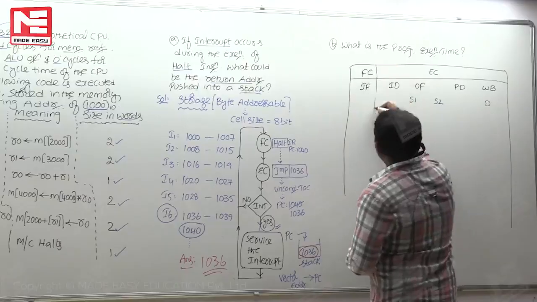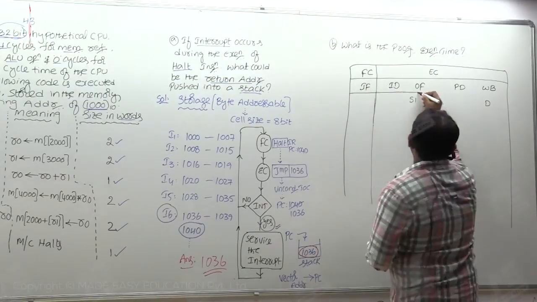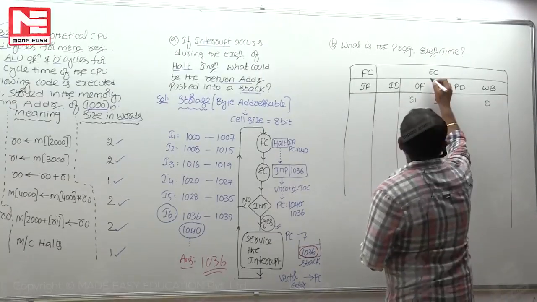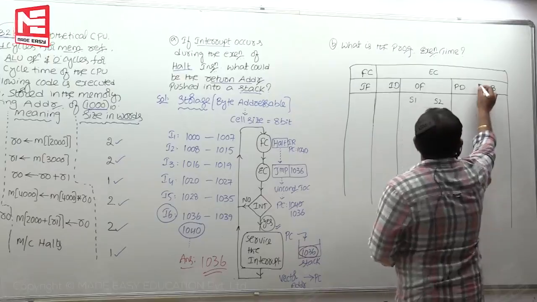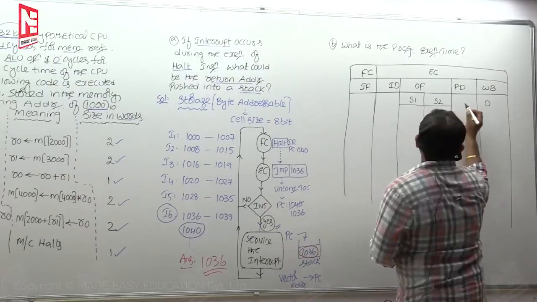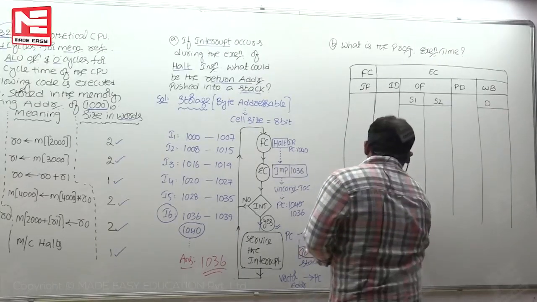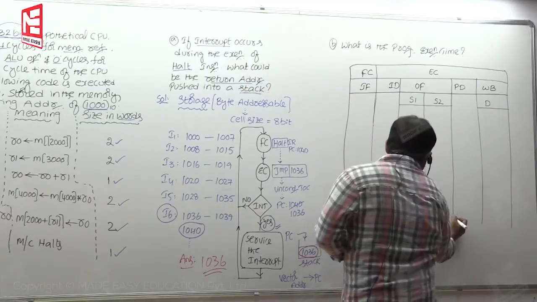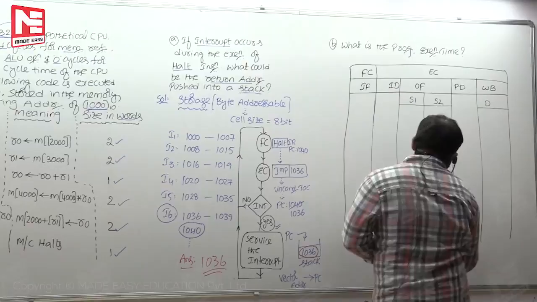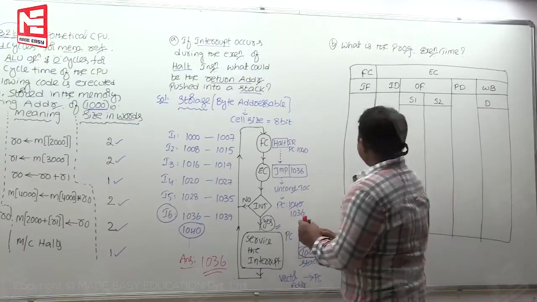When you are able to answer this question, it shows the realization of all the concepts we discussed till now. Interrupts are covered, the instruction set is covered, addressing modes are covered, and the instruction cycle is covered. Right. Now fill in the information. First, instruction 1.